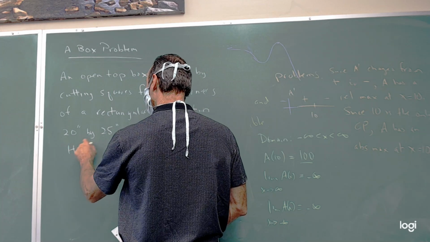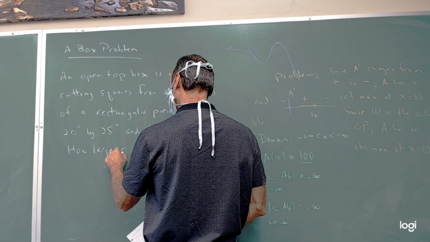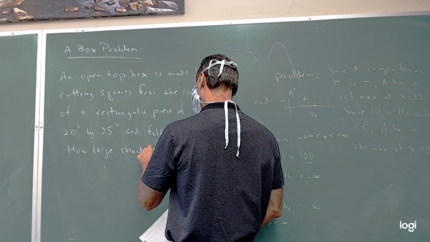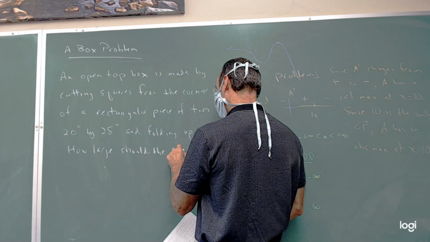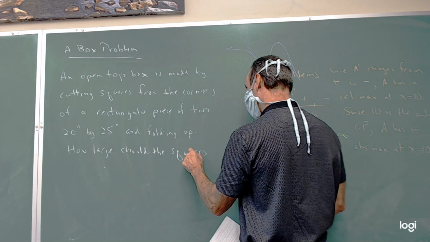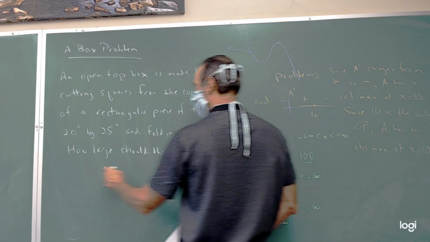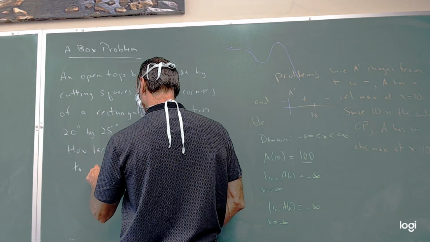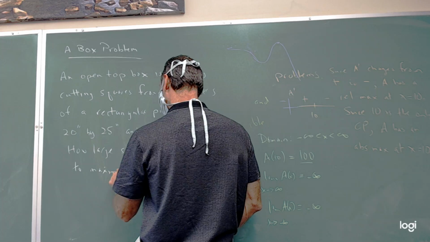How large should the squares be to maximize the volume?